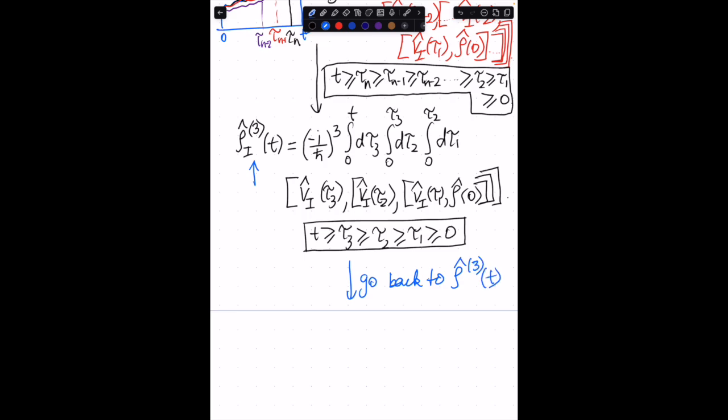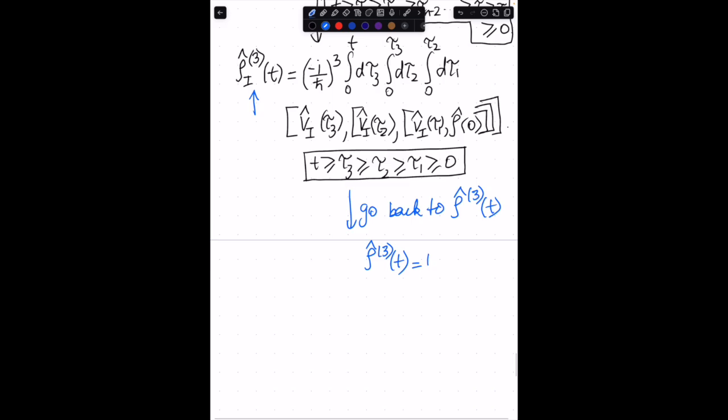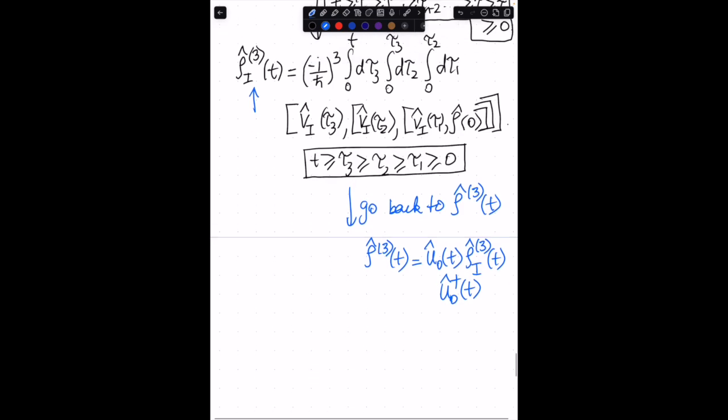How would I do that? So to go back to the third order density operator term, I would have to apply a U hat 0 t to the third order density operator in the interaction picture, and the Hermitian conjugate of the time evolution operator with respect to the matter system.